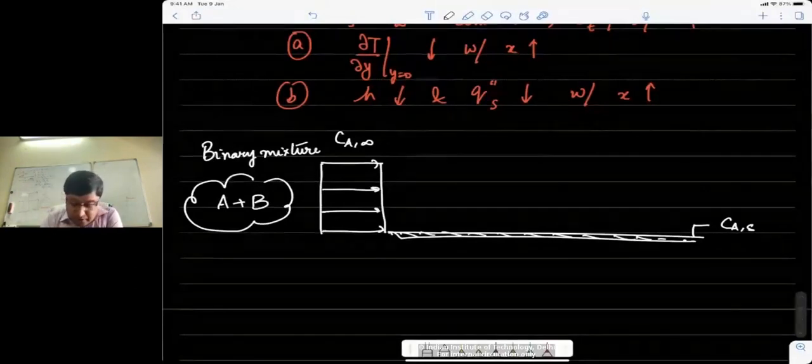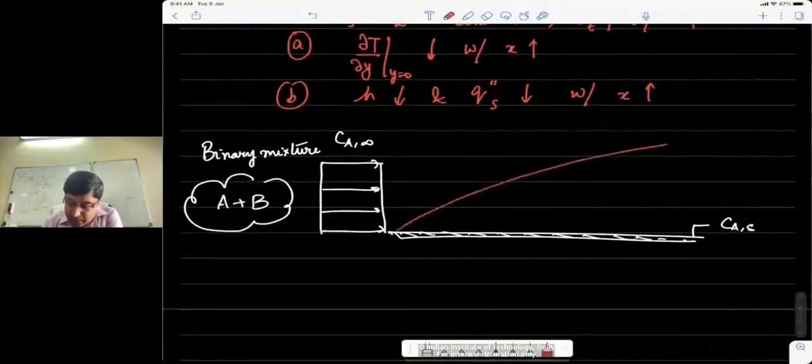So in this binary mixture, again, you will have a boundary layer development, which is the concentration boundary layer.